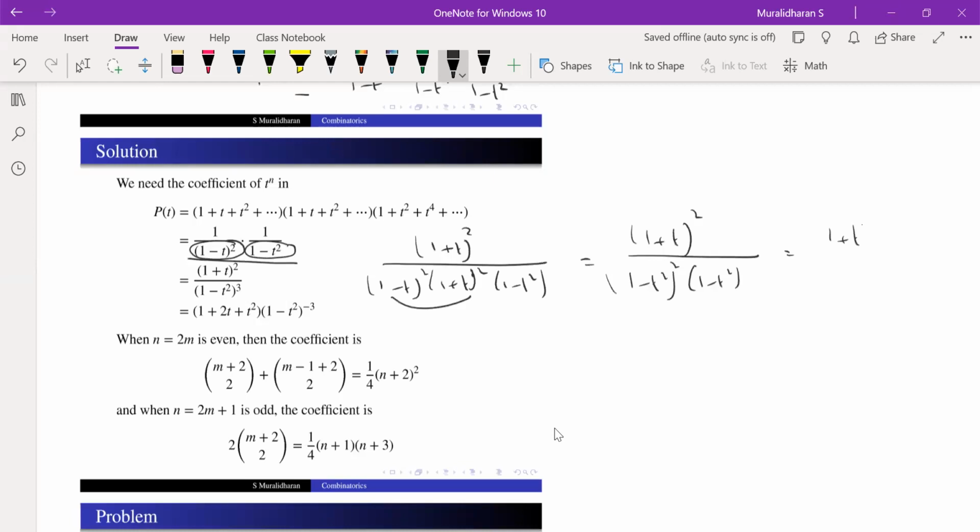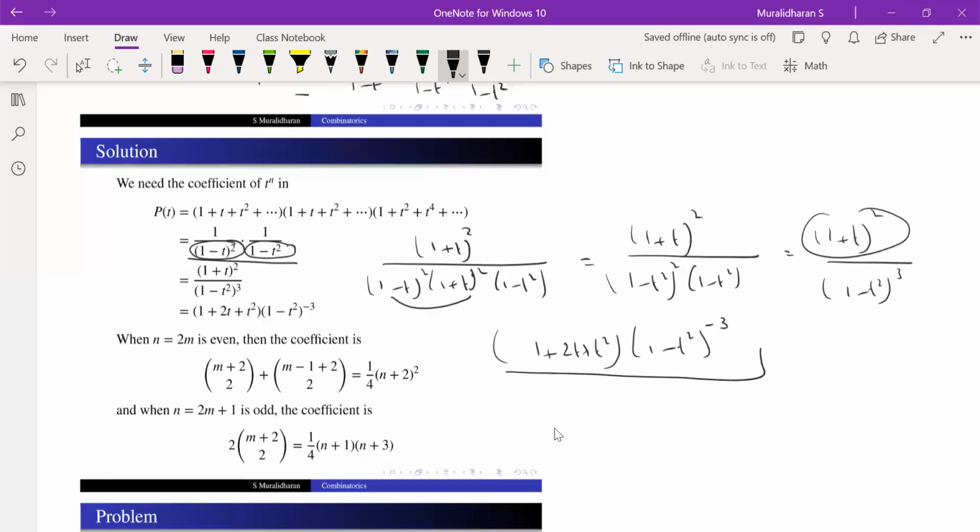So this is 1 plus t whole square by 1 minus t square whole cube. So what I want is 1 plus 2t plus t square, which is this numerator, into 1 minus t square whole power minus 3. So I have to find the coefficient of t power n in this.